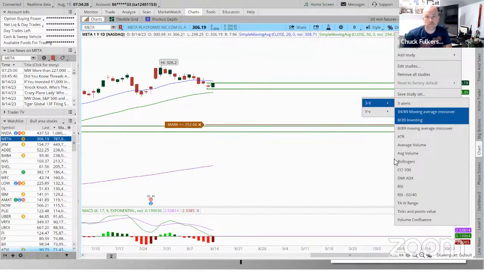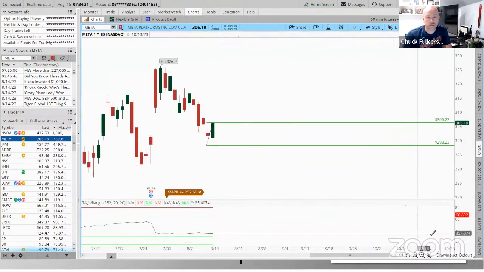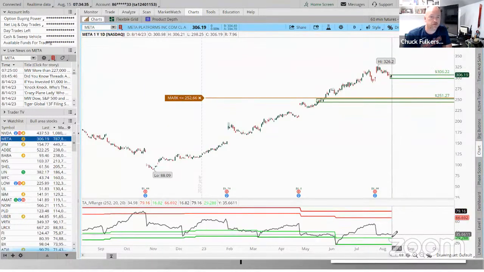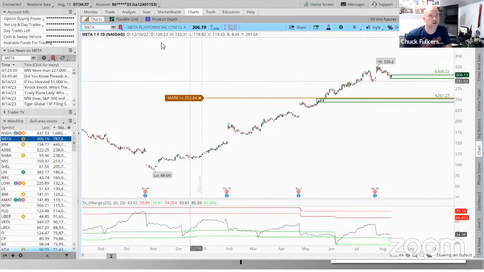Well, let's load this up. TAIV range. We're not in a great spot to do just a long call, so we would look for the bull call spread.